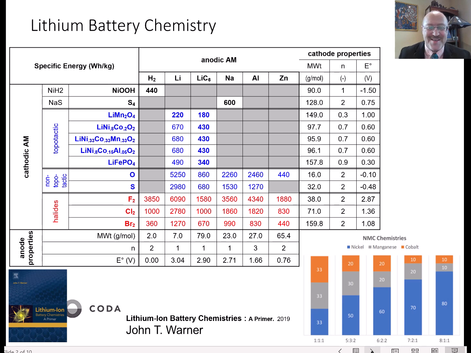I apologize, there is a lot of chemistry going on in this slide. But I would like us to concentrate on this side, where we talk about the chemistry of cathodes in batteries. So batteries are similar to fuel cells in that they have a cathode and an anode.